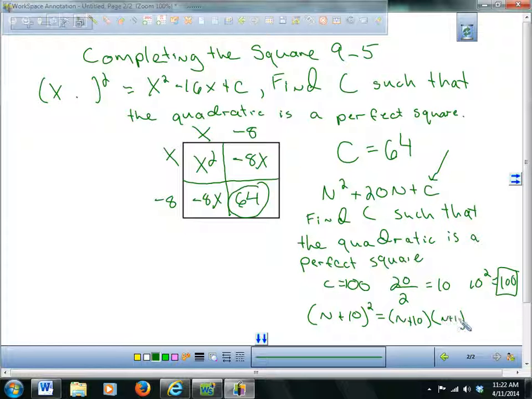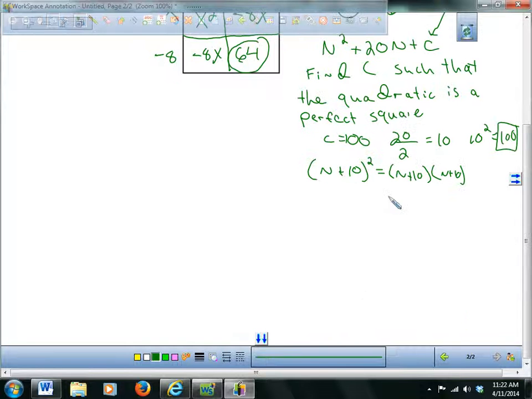Which is equal to n squared plus, this times this is 10n, plus 10n again, plus 10 times 10, which is 100. That's n squared plus 20n plus 100. So what they're asking you is what number needs to go here in order that I could rewrite this as a perfect square of two numbers.